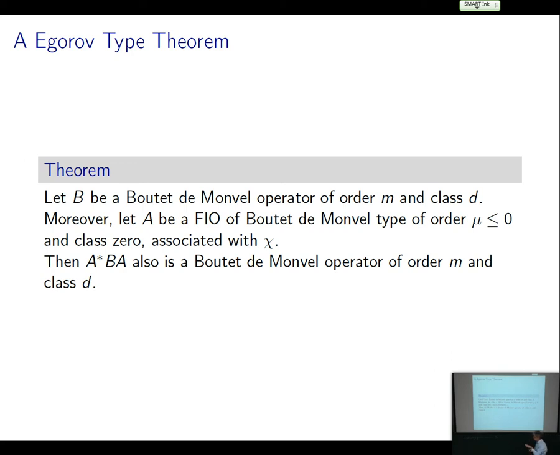Even if you have the boundary, there's no perturbing effect here: you have an arbitrary Boutet de Monvel operator of order m, class d, and you conjugate with the Fourier integral operator, and here you have to be careful, the order of this operator should be 0 or less, because otherwise you have already trouble defining the adjoint, as I said before. But if you do this, then this conjugation is an operator of the same order and class.